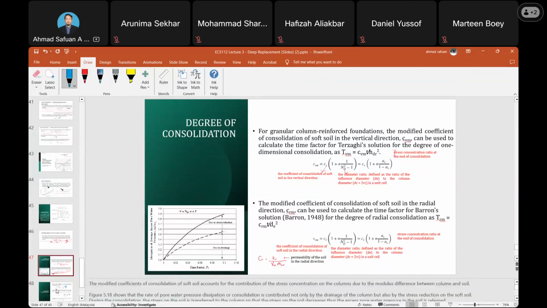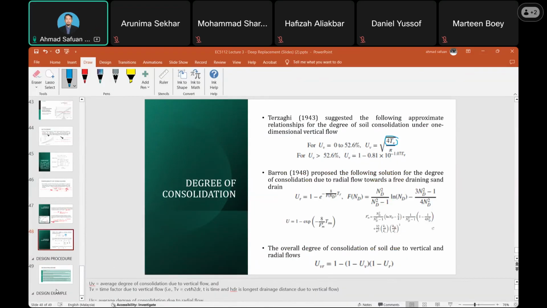On the slide, we have two options there. Okay, we obtain the TVM 0.027.